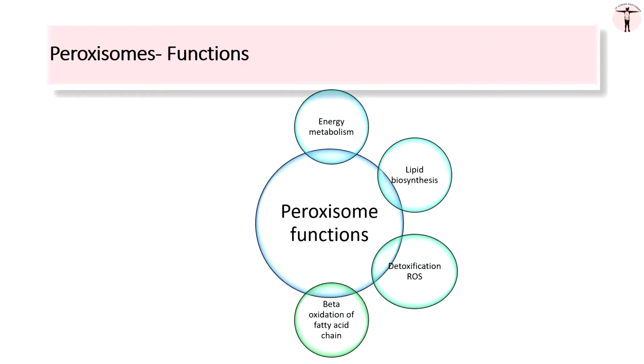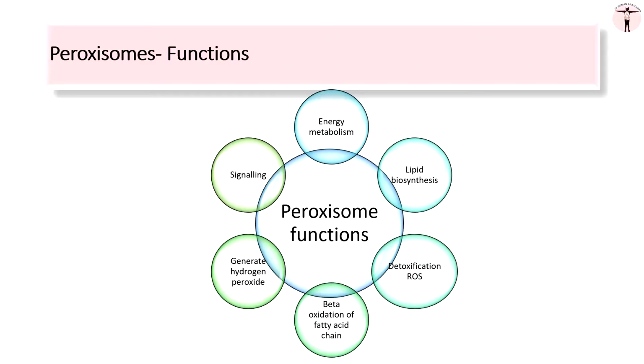They participate in oxidative pathways like beta oxidation of fatty acid chains. They generate hydrogen peroxide, and excess hydrogen peroxide is broken down by the enzyme catalase, and it also helps in signaling of cells.